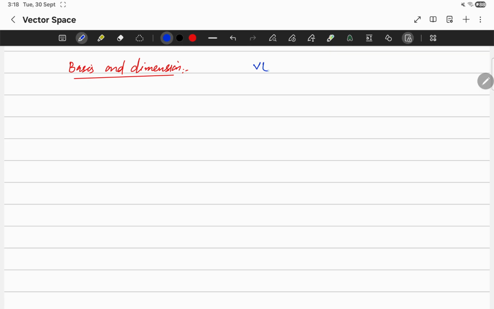If we have any vector space V over F, a basis, denoted by B, is nothing but a linearly independent set of vectors v1, v2, and so on up to vn. This is a subset of V over F, and these vectors should be linearly independent in V, and this B spans the whole of the vector space.